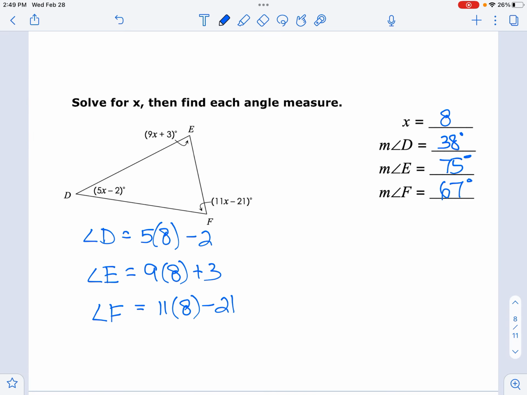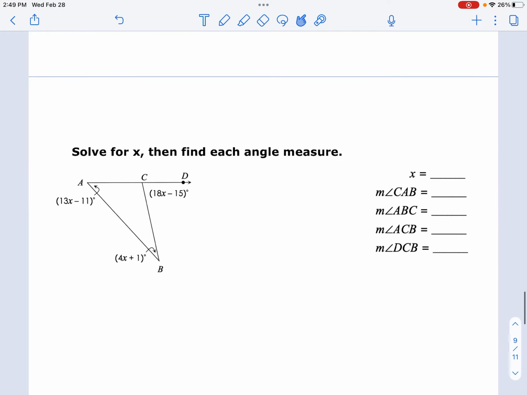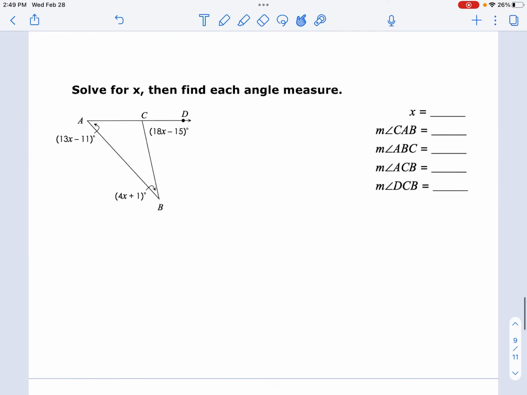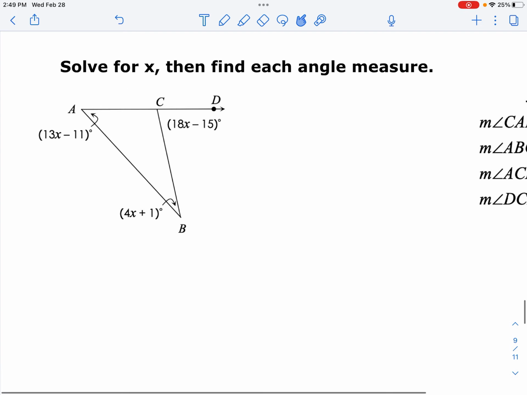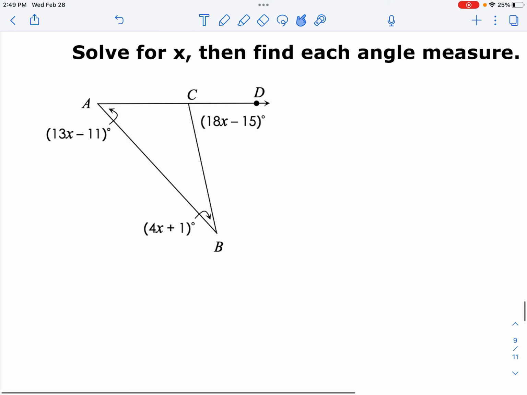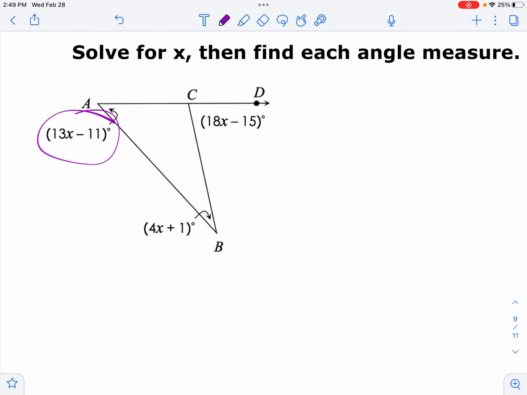So solving for x, just using the triangle sum theorem, and then doing a little substitution to figure out. Okay, same thing here, using some algebra to solve for x, and then finding the missing angles, the ones that they're asking for over there. So let's do that. Well, this one, I see an exterior angle, so I know that this angle and this one together have to equal this one.